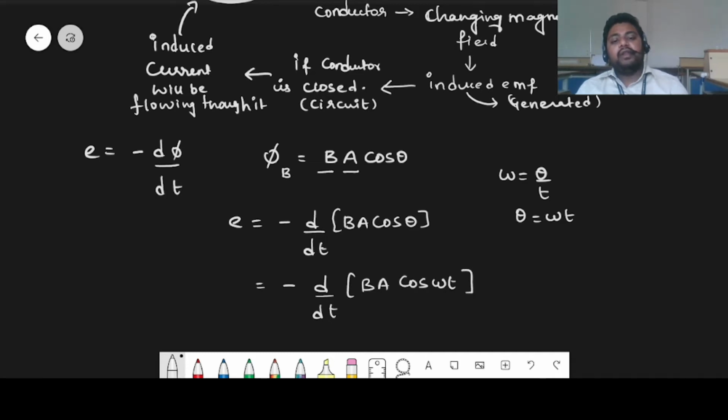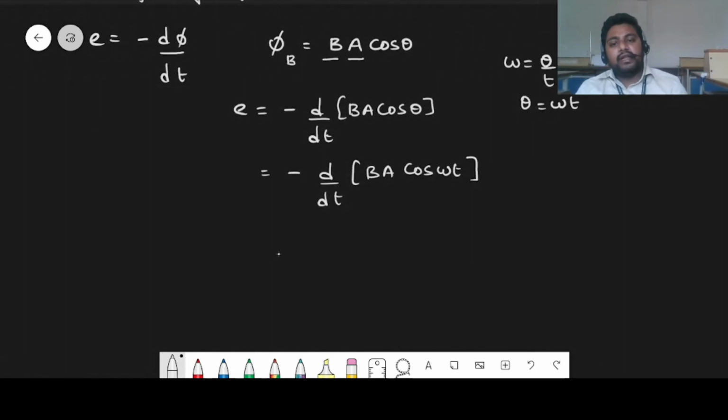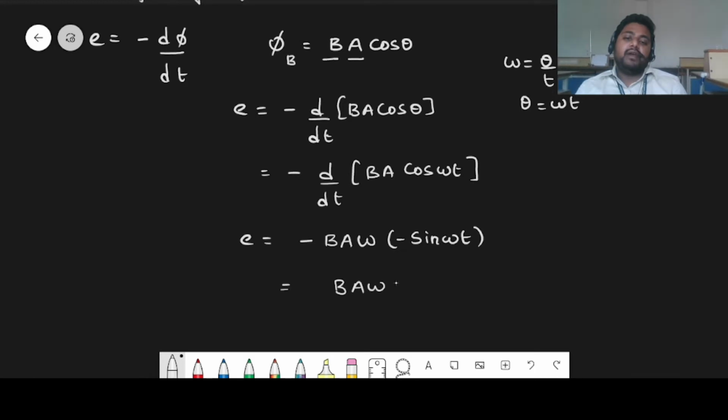From this we can write EMF E is equal to minus B into A into the derivative of cos omega t, which gives omega into minus sine omega t. So these two negative signs cancel, and you get BA omega sine omega t. This is the formula for induced EMF, or you can write the same as E naught sine omega t.